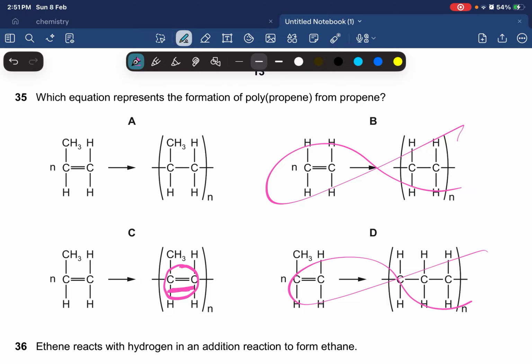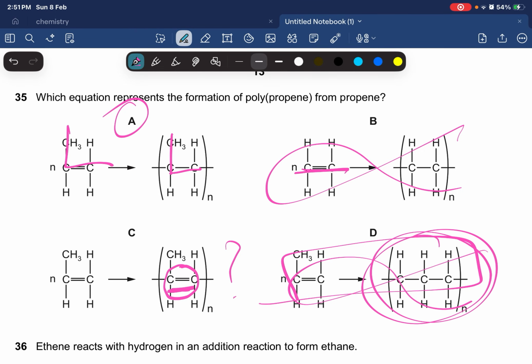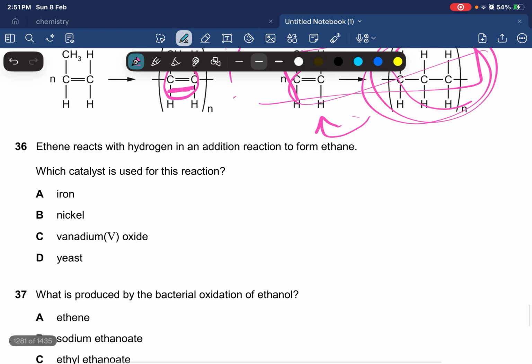Why didn't you remove the double bond? A. Propene means 3 carbons. Over here, look, you have 2 carbons. Over here, look what's happening. You're forming this thing from this thing. Not possible. You just got to remove the double bond. Ethene reacts with hydrogen in an addition reaction. What is the catalyst? Ethene plus hydrogen, nickel catalyst.